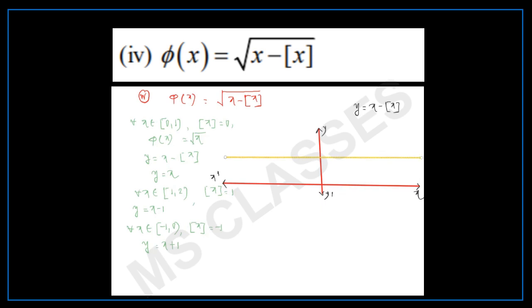This is y equal to 1, because we have seen that the output lies between 0 and 1, not touching 1. So if this is 1, this is 2, this is minus 1. If you draw the corresponding graphs, what is it?